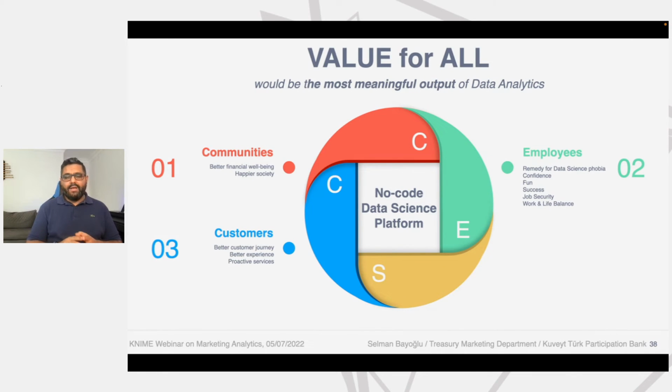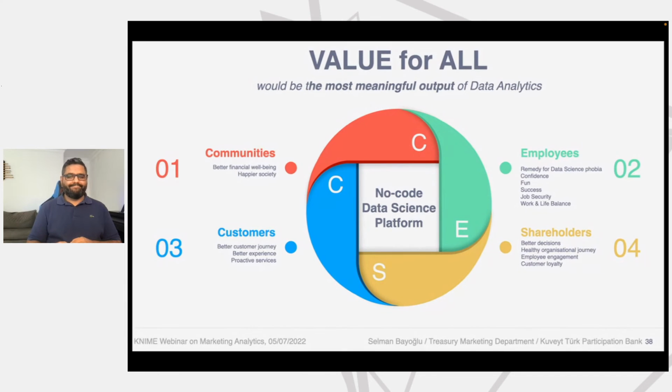For customers, it helps a better customer journey, better experience, and proactive services before they say a word to the institution. The institution hears them and presents them accordingly, proactively. And for the shareholders, better decisions for the organization, a healthy organizational journey, employee engagement, and customer loyalty.